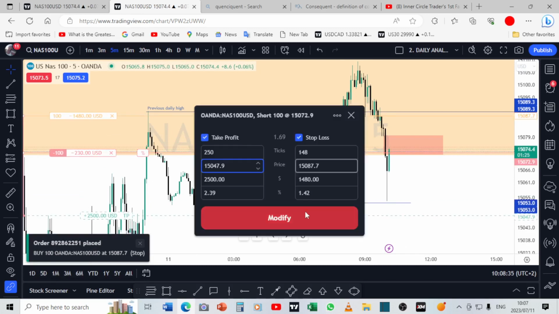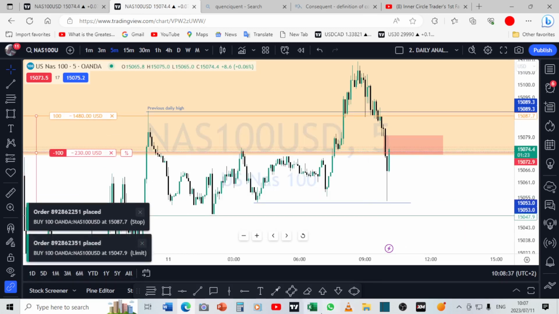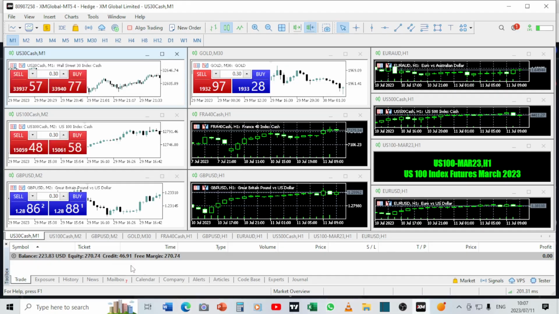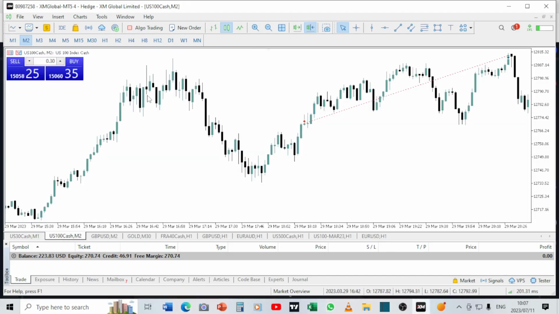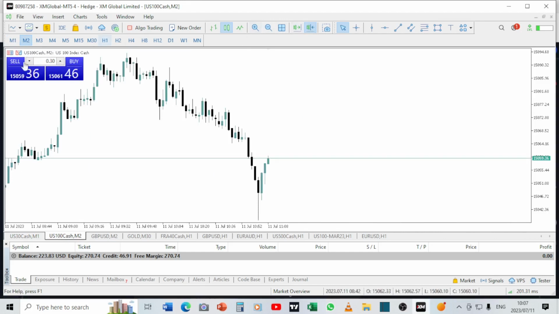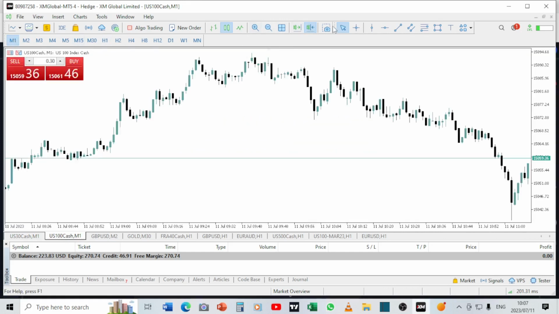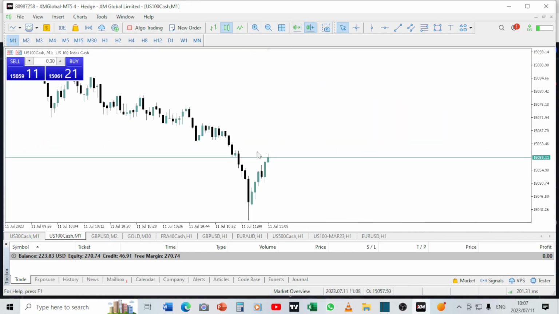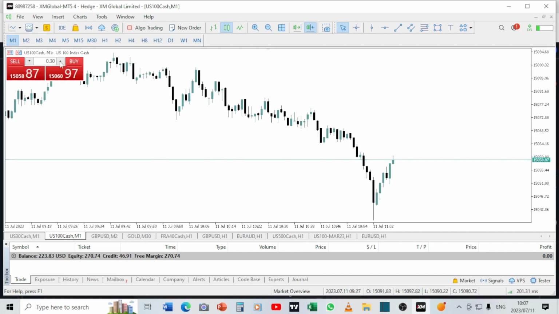And then we'll look at price as it comes here. We're trying to get it here at least. Then let's increase to 4.